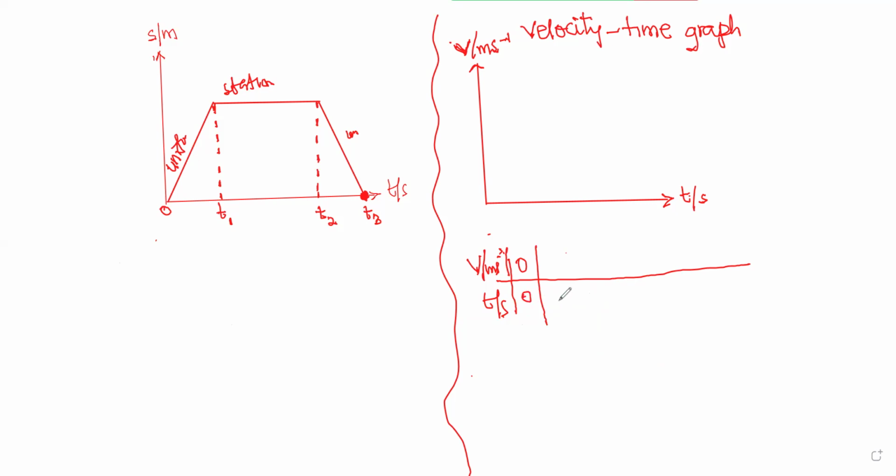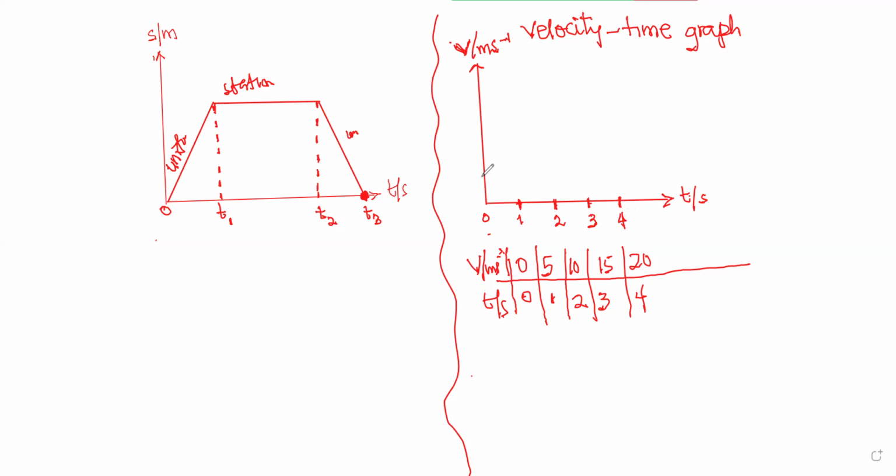So 0. When time changes by 1 second, this is 5; 2 seconds, this is 10; 3 seconds, this is 15; this is 20. Let's end at 4. So when we plot such values: 0, 1, 2, 3, 4.